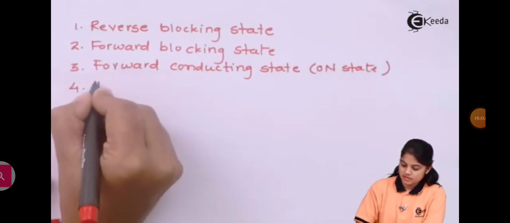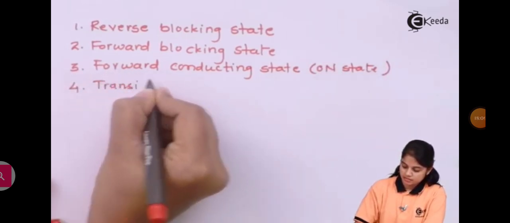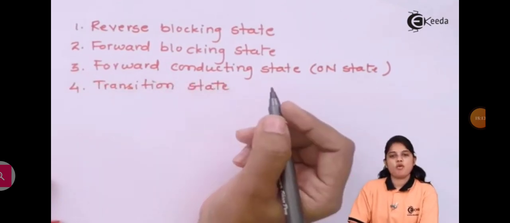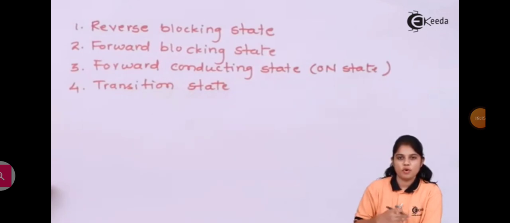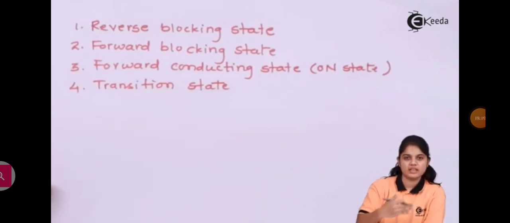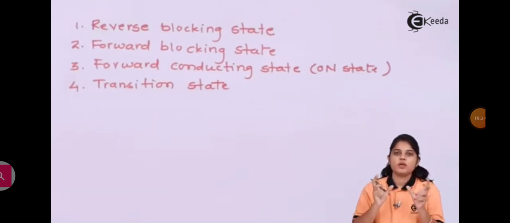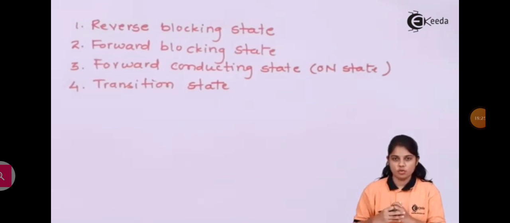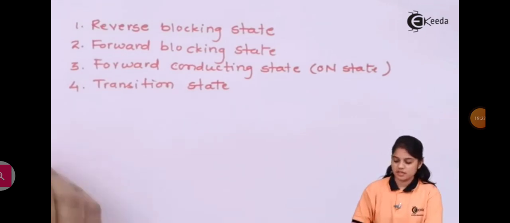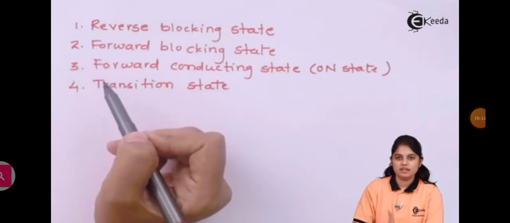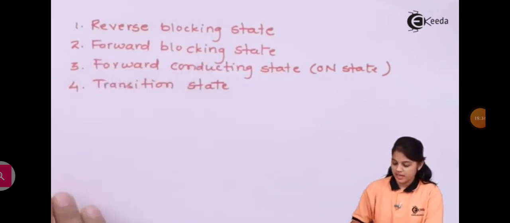The fourth one is the transition state. Since it is a switch, it will always take a transition from on state to off state and from off state to on state. Whenever it is making a transition from one state to another, that particular position of the SCR is known as the transition state. All these 4 states we are going to see in the graph of voltage and current characteristics.